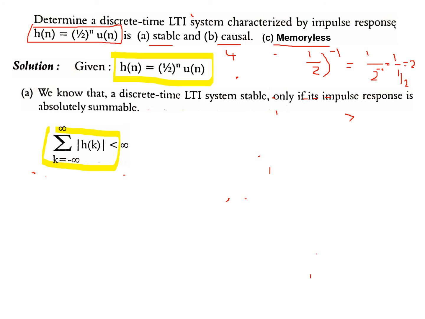That is, the given impulse response must be absolutely summable. You saw the graph, it had decreasing values. That means if I add all the values, the total sum will be finite.